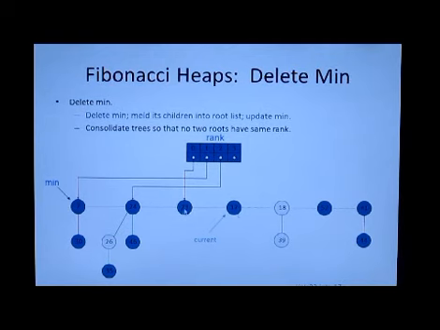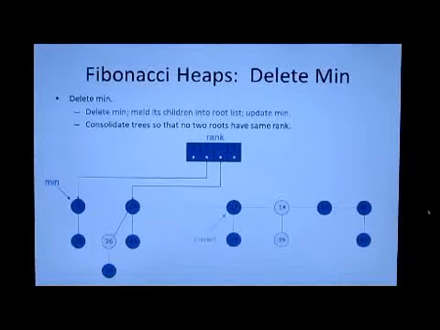In here, 23 and 17 have the same rank. So we should consolidate them, and because 23 is greater than 17, 23 should be the child of 17, like here. Again, we have a duplicate. 17 and 7 have a rank of 2.